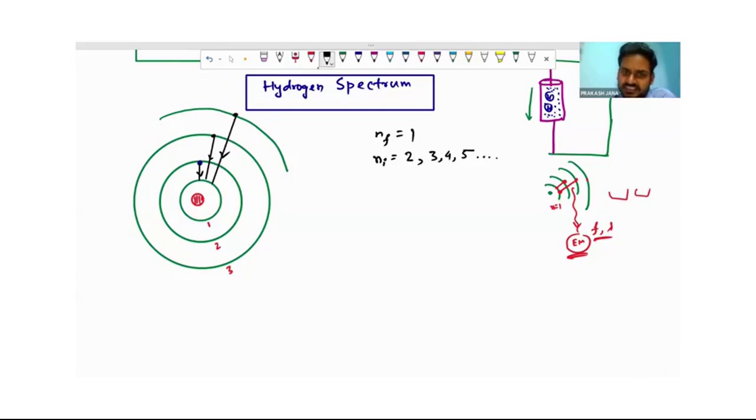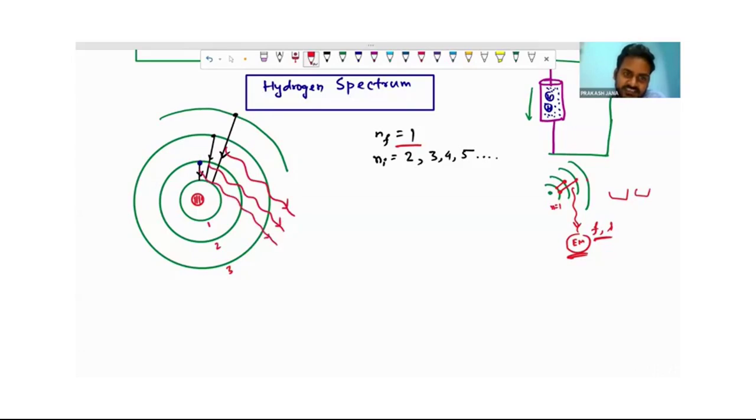So whatever be the initial state, if the final state is 1, that is the final orbit is 1, then the electromagnetic radiations will come up due to all the transitions, isn't it?